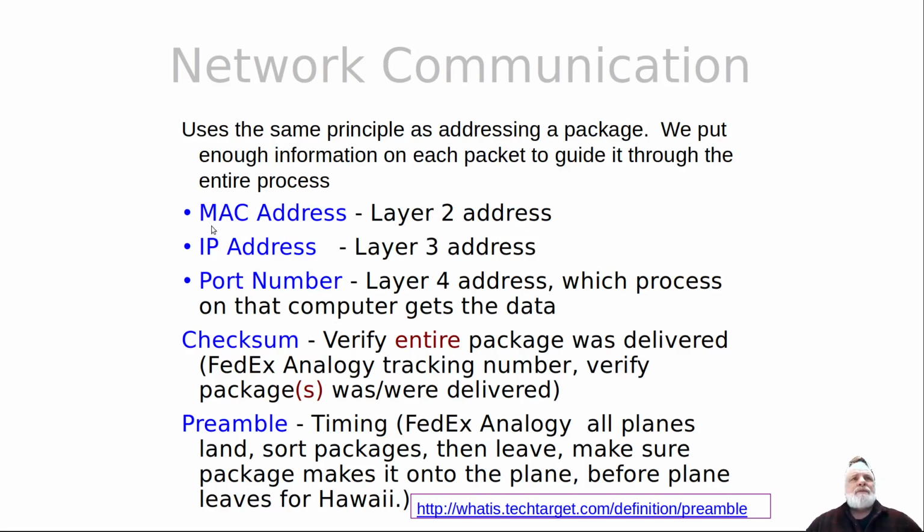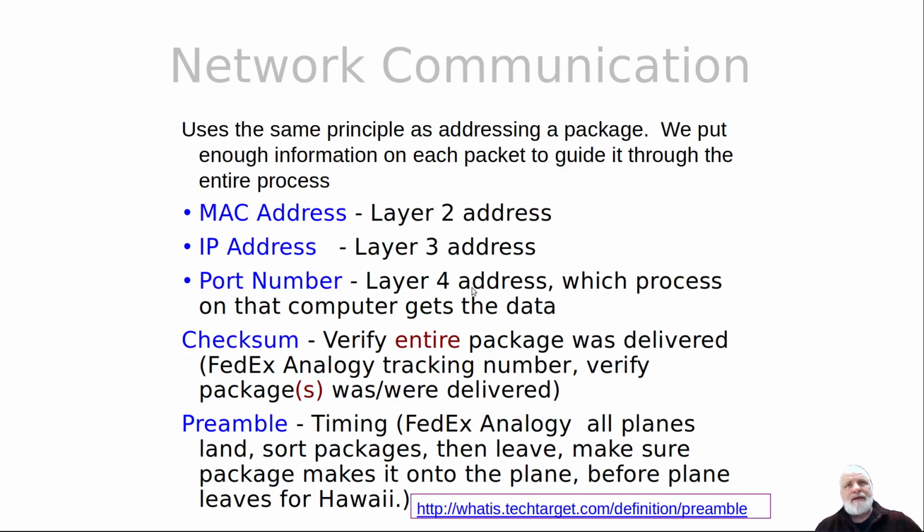Okay, so this MAC address, also known as the physical address or hardware address, is on layer 2 of the OSI model, or layer 1 of the TCP/IP model. And then there's the network layer, which is layer 3 of the OSI model, which is the IP address. And then there's a port number.